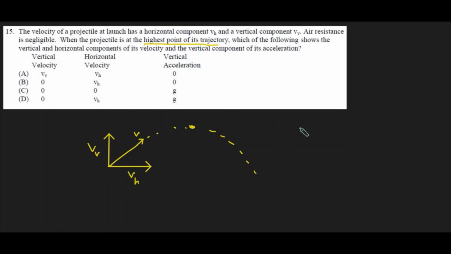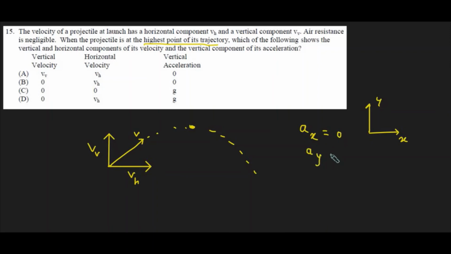In projectile motion, we always consider the horizontal direction as x and the vertical direction as y. Acceleration along the horizontal direction is always 0.